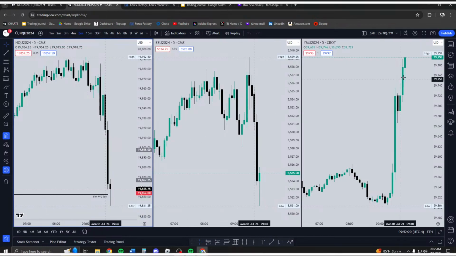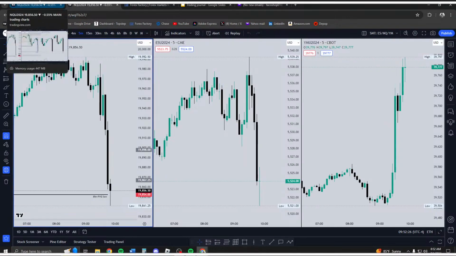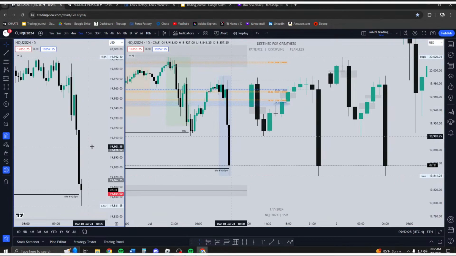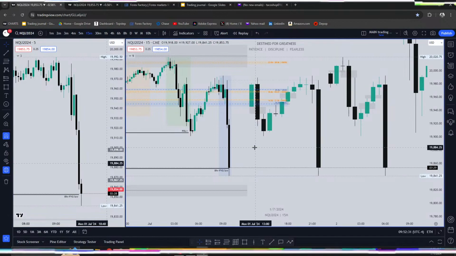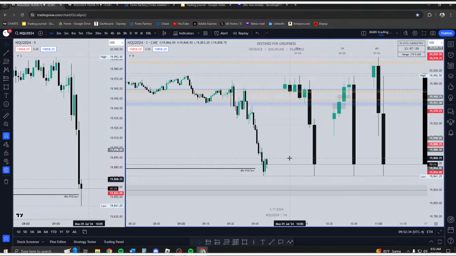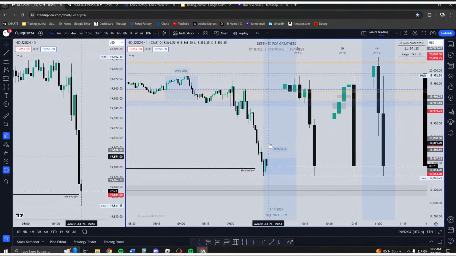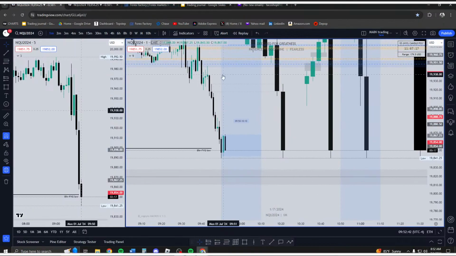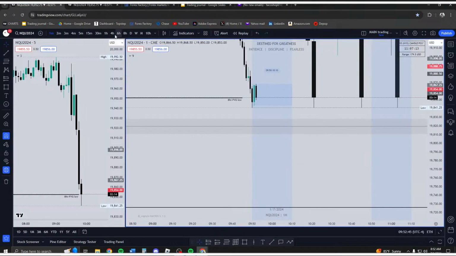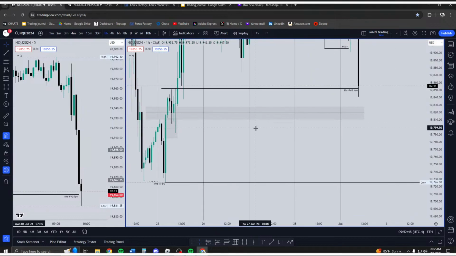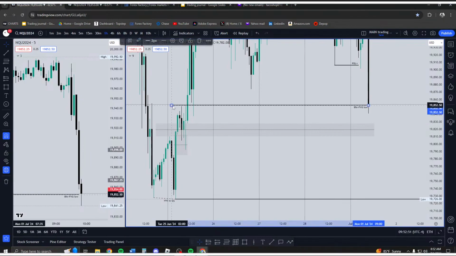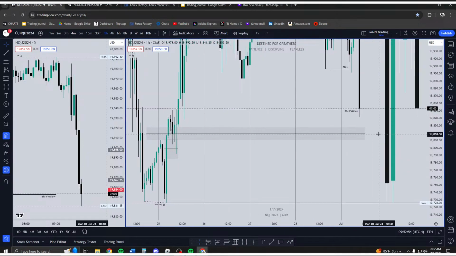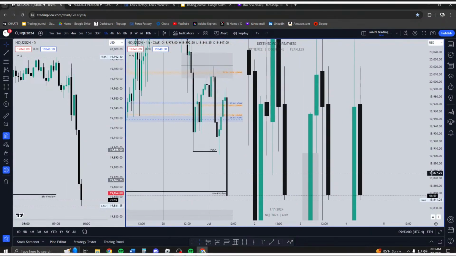We're just completely out of sync with YM. Previous week's low is not that far from here actually now, but I do want to see us rebalance this 8-hour FVG.